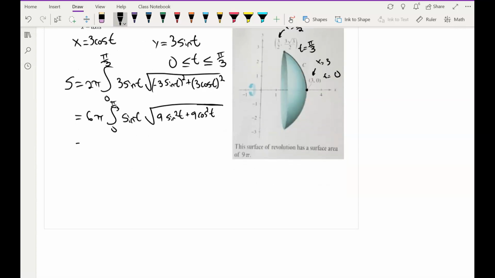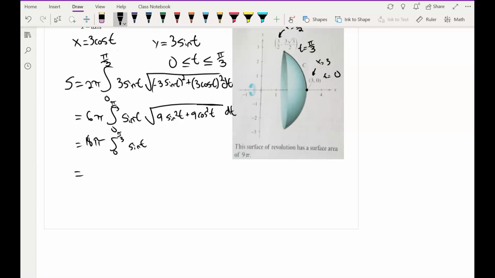So I have 6 pi times the integral from 0 to pi over 3 of sine of t times the square root of 9 sine squared t plus 9 cosine squared t, which is going to give me 9. Square root of 9, well, that's just 3. I don't want to forget my dt's here. I can just bring that 3 out front again. This is going to be 18 times sine of t.